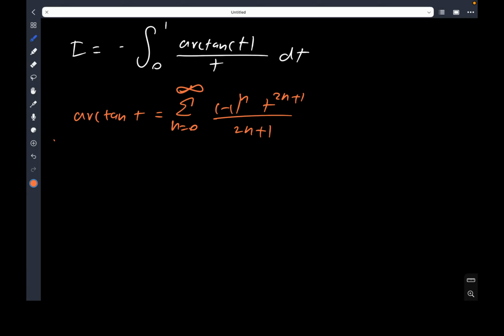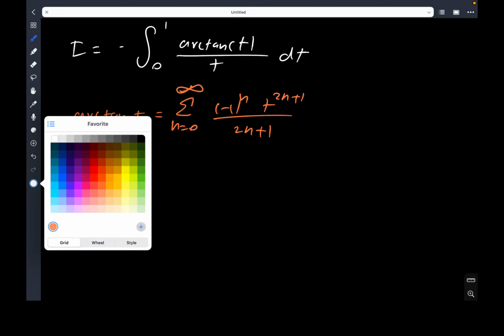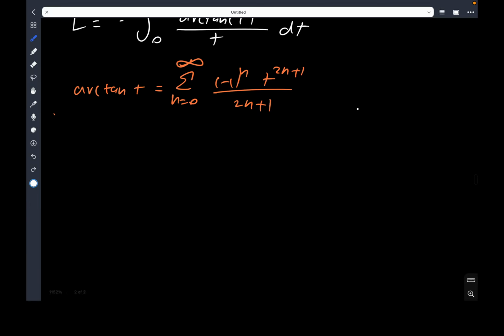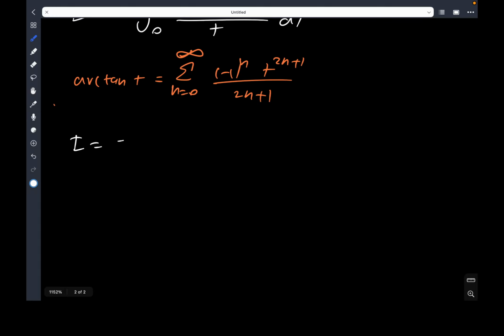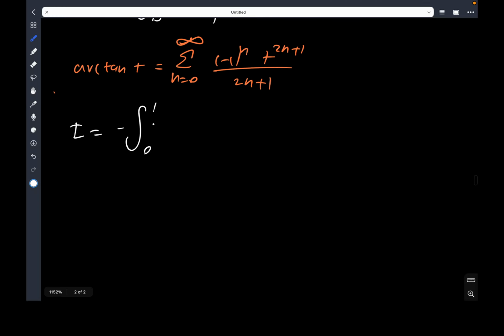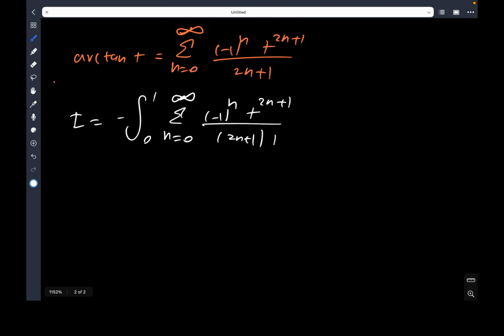So if I replace it here with the series for arc tan, my I is going to be negative the integral from 0 to 1 of the sum from n equals 0 to infinity of negative 1 to the n t to the 2n plus 1 over 2n plus 1, over t dt.